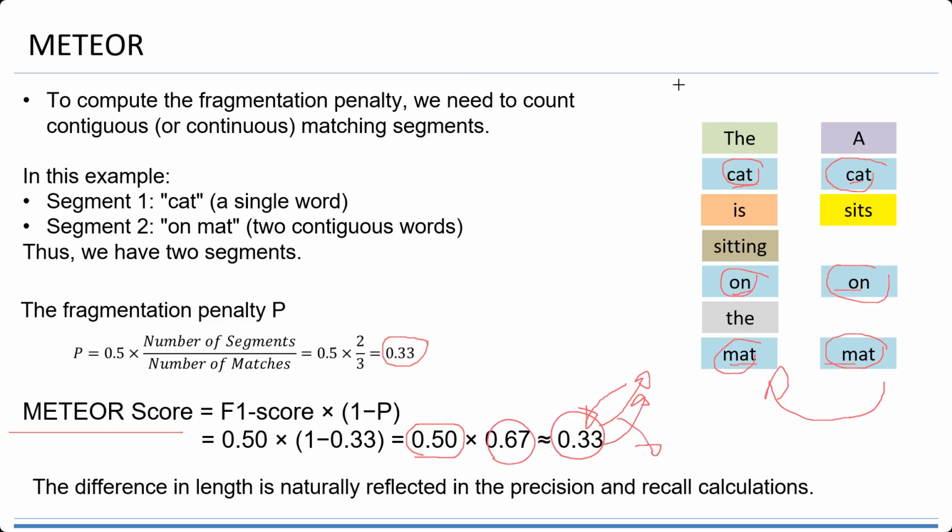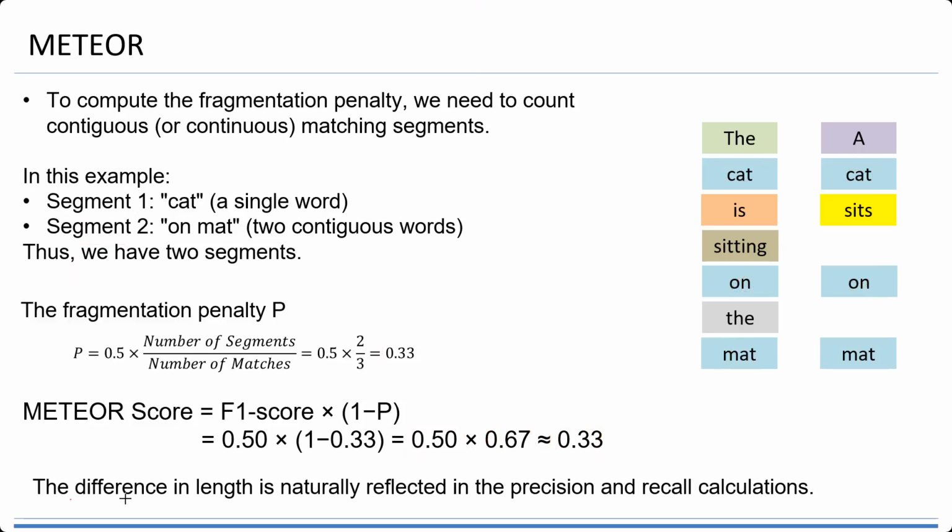If you look at this one, there are 7, okay, and this one there are 5, and only 3 match. And among those 3 match, we have 2 kind of segments. That's why the value of the meteor score is a little bit lower. It is because of the difference in length.